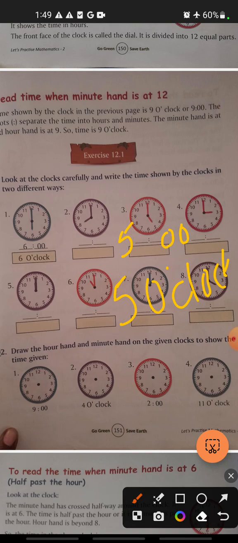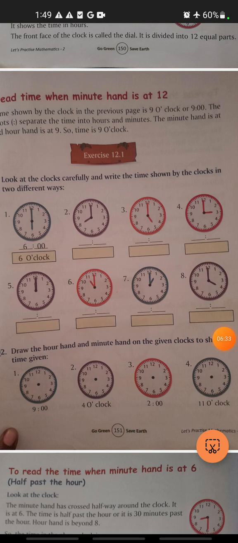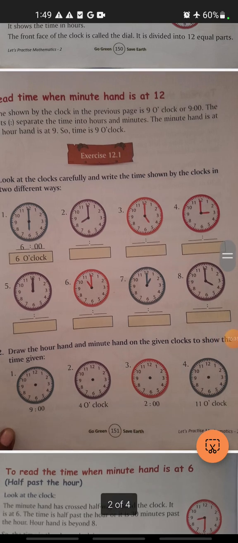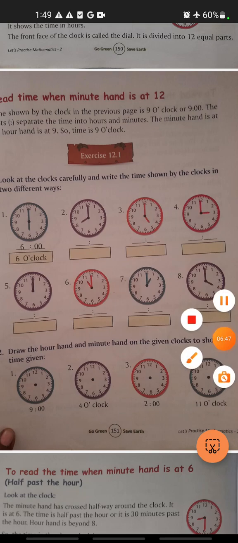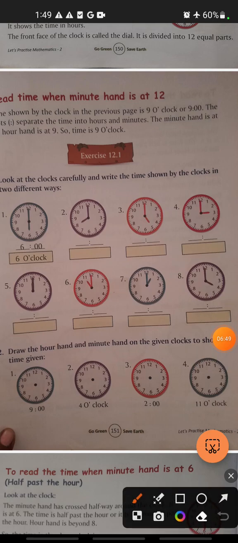Our next clock shows the time 3 o'clock, because in this clock our minute hand is at 12 and our hour hand is at 3. So the time shows 3 o'clock.